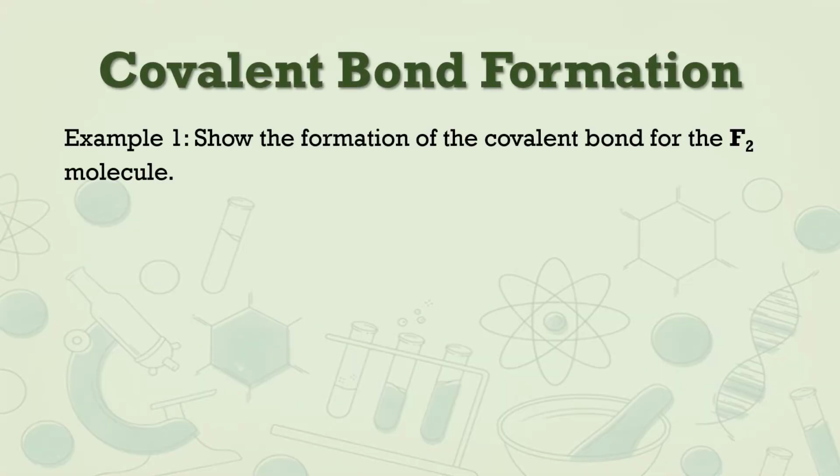So let's try to see how covalent bond formation exists by answering this example. Show the formation of the covalent bond for the F2 molecule or the difluoride. So just like what we did in ionic bonding, we need to write first 2 atoms of fluorine because it's a difluoride.